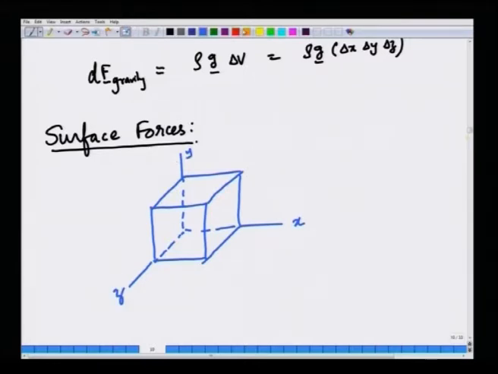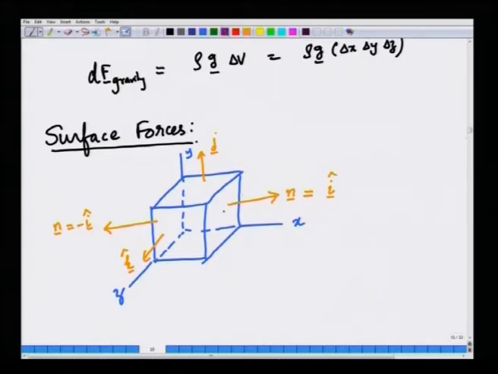Each face is characterized by a unit outward normal. For this face, the outward normal is simply in the plus i direction, whereas for this face the unit outward normal is in the minus i direction. For this face the unit outward normal is in the j direction, and for this face the unit outward normal is in the k direction, and so on. So, there are 6 faces, and therefore, there are 6 unit normals that represent the orientation of these 6 faces.